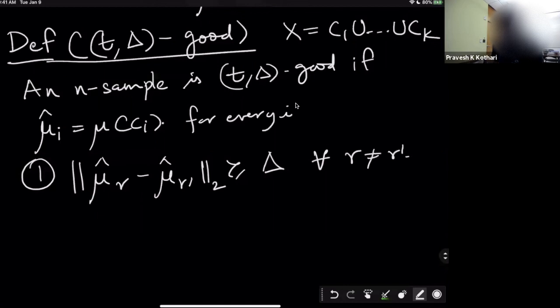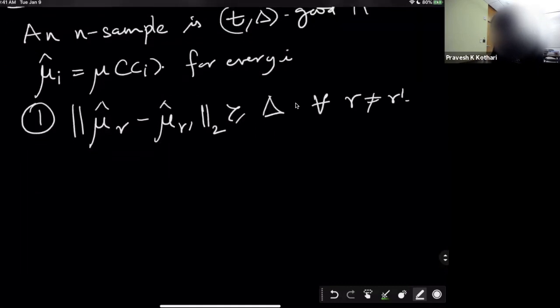So this property was satisfied. Earlier we asked for this separation property for the distributions, but now I'm asking for it to hold for my sample. So I'm going to call my sample t delta good if this happens. Very good.